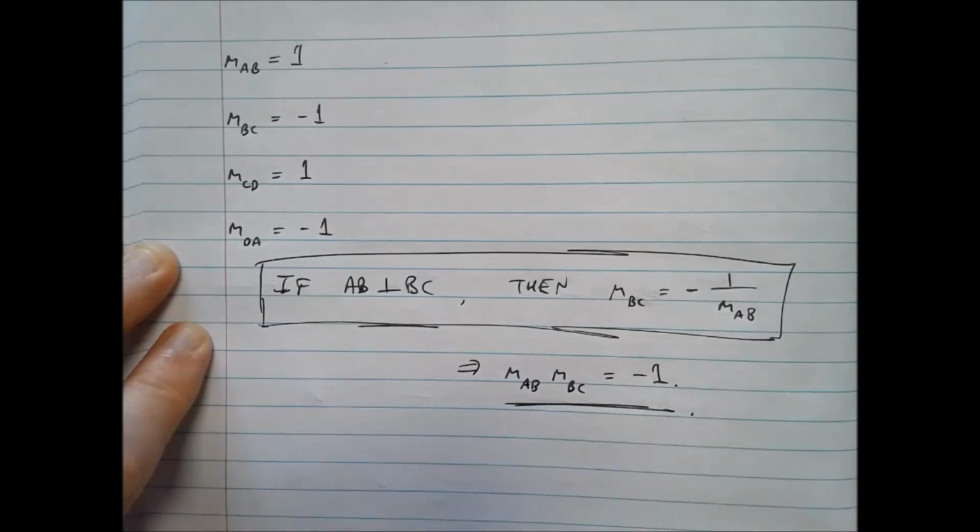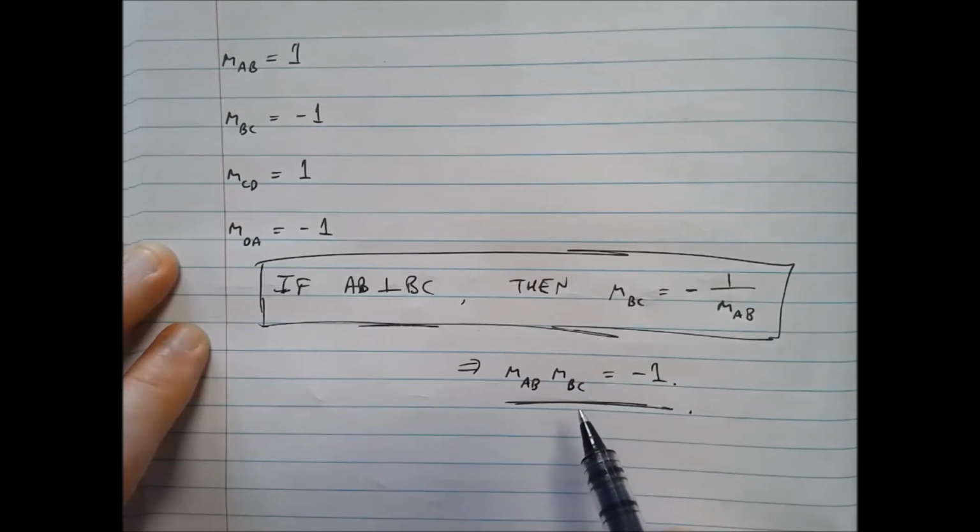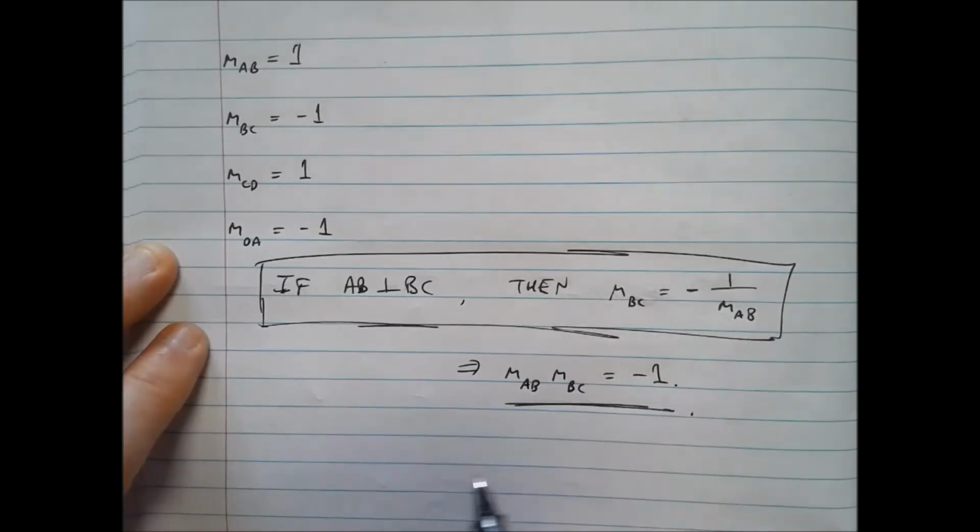So that's maybe, in this case, going to be an easier rule to use to prove the perpendicularity of the neighbouring sides. So let's just check that then.